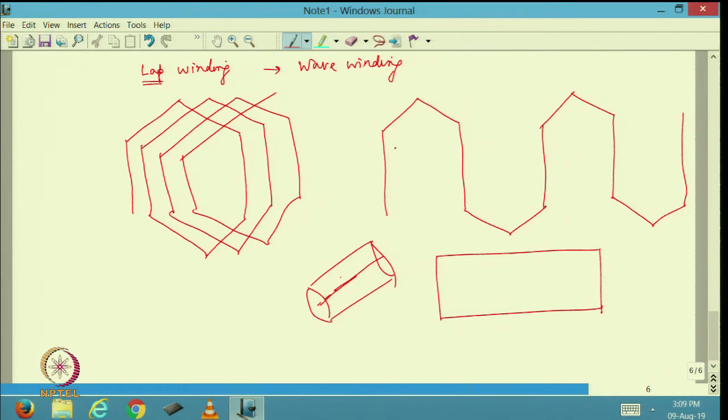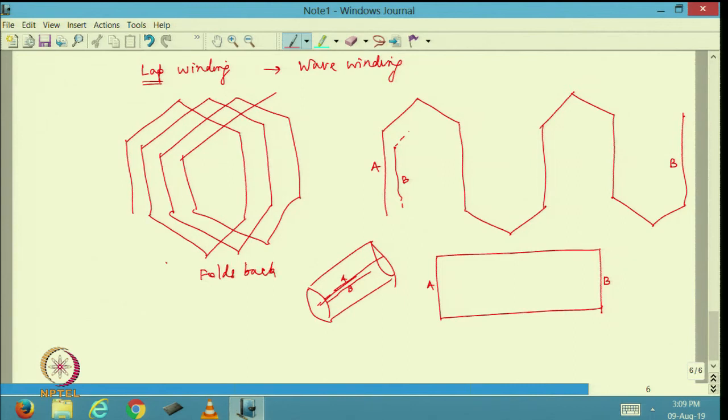If this portion is A and this portion is B, and when I fold it, it can become like a cylinder. So you can imagine when this winding is folding back, if I say this is A and this is B, it will essentially come closer to B. So lap winding essentially folds back.